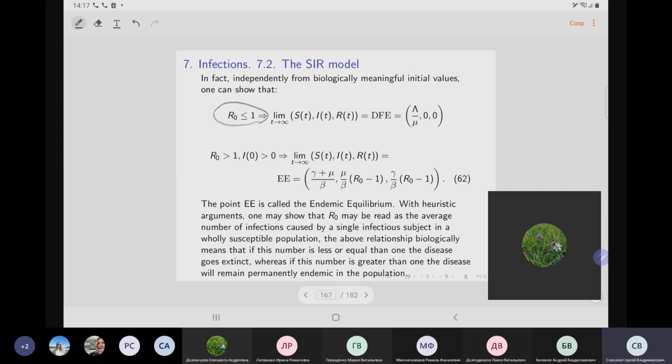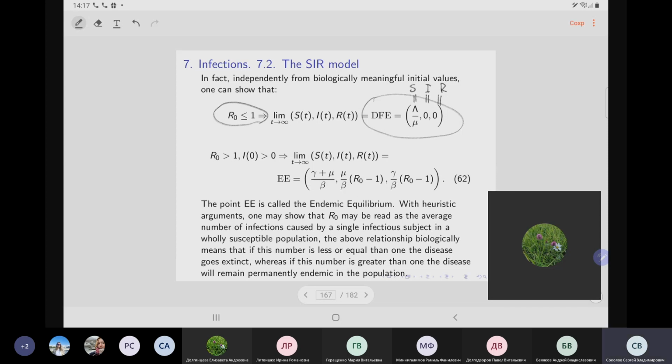So the epidemic ends, and the number of the population... So at the end, the susceptible number is lambda divided by mu. So the birth and death are balanced, and there are no infected and no recovered at the infinity moment.